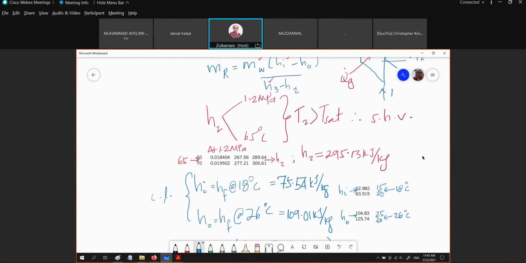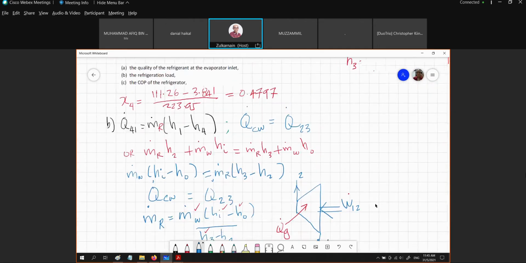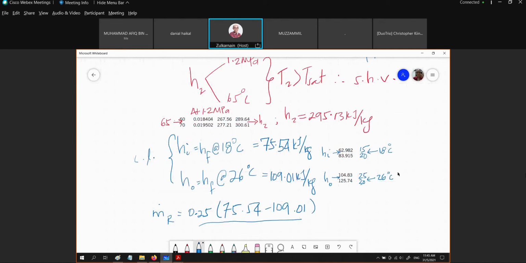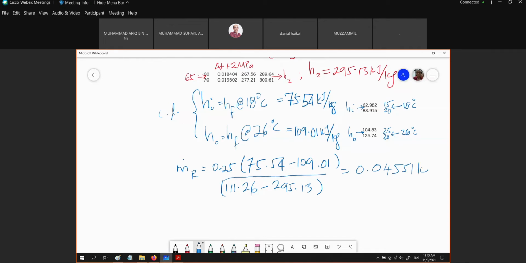H3 is 111.26, minus H2, 295.13. What is our m dot r? 0.04551 kilogram per second.